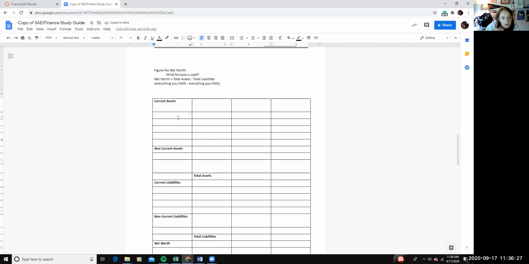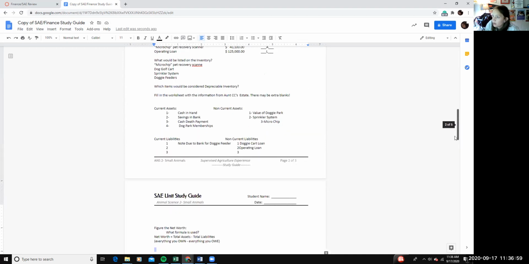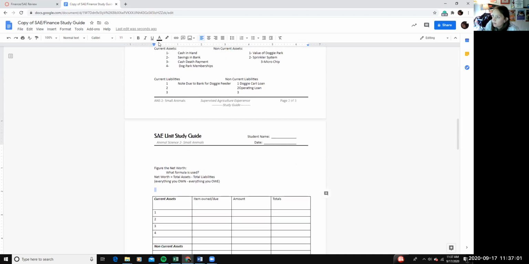All right, and then here, this is supposed to have some headers. All right, so here we would just take what we did up here and just transfer it. So we would transfer these four things under current assets.